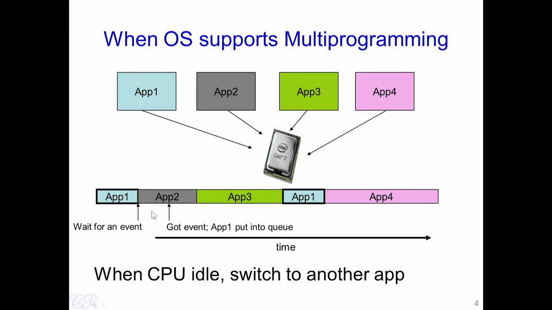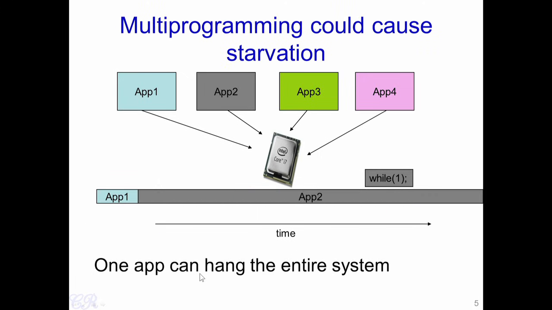However, there is a problem with this also. Consider this scenario where application 1 runs for some time and then gets blocked. However, application 2 has something like this present in its code. Essentially, this is an infinite loop.